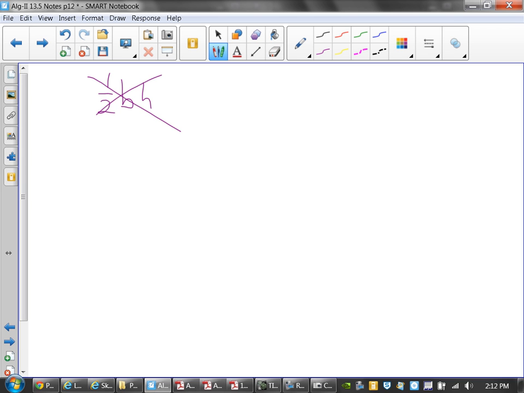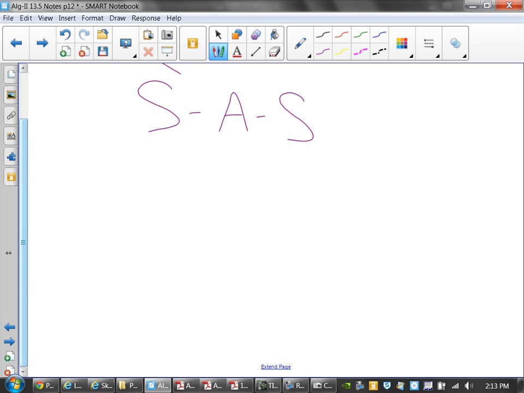For example, SAS. What does that stand for? Side angle side. So when you have a side angle side, that meant somewhere in the triangle, you had a side, an included angle, and another side. Do you agree? Yeah.